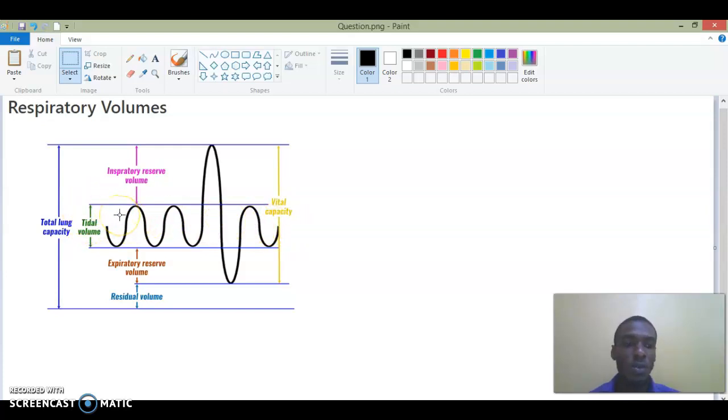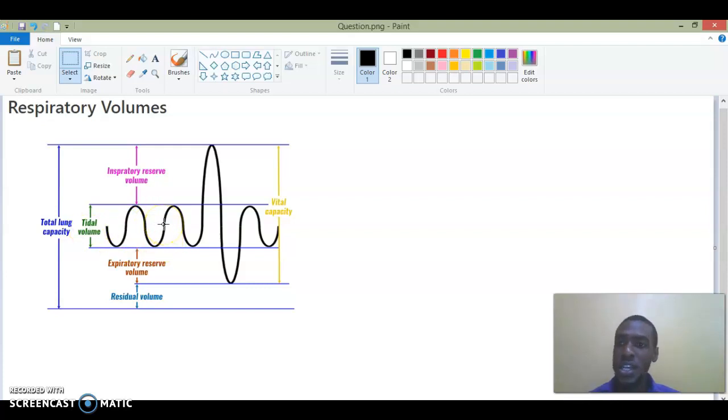We would refer to this as the tidal volume, and tidal brings to mind the sea and the fact that it's flowing back and forth for most of the time at the same level. So tidal volume is the regular amount that we breathe in and breathe out. The regular breathing capacity. That's normal. That's what we normally do. So that's tidal volume.